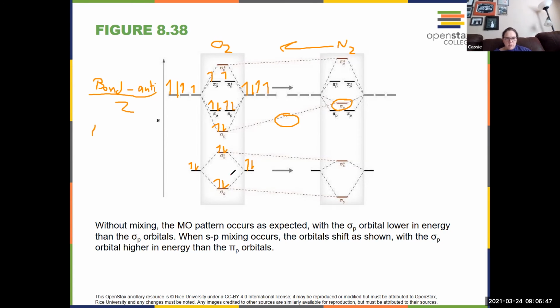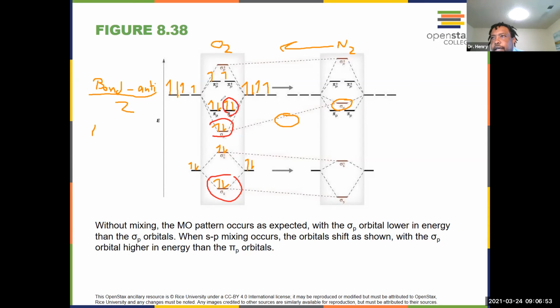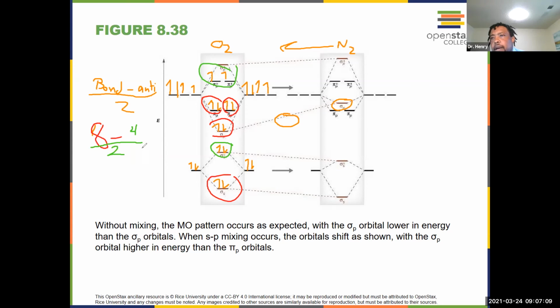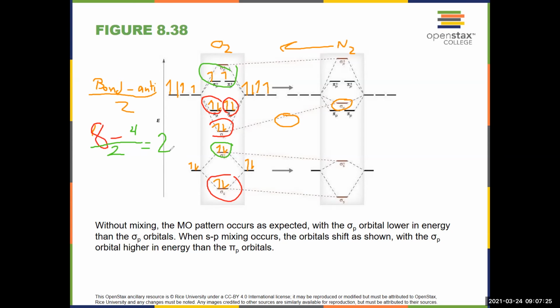Sorry, I can't see. I know the image isn't great. So these are all bonding right here in red. That's 8. And then my antibonding? 2, 4. 4. When I divide that by 2, my bond order is 2. Am I going to form a bond? So what type of bond? A double bond, right?